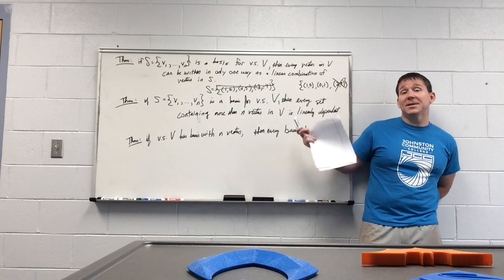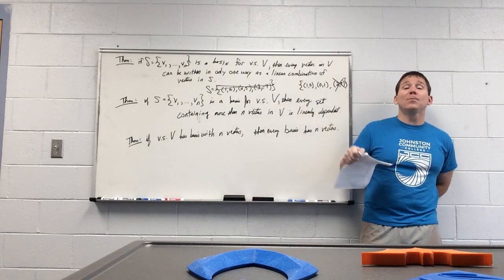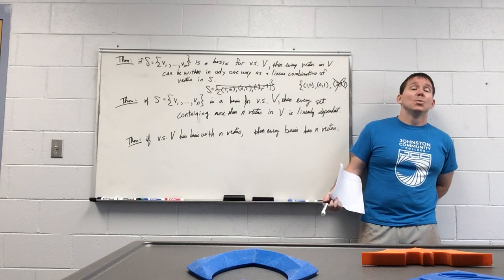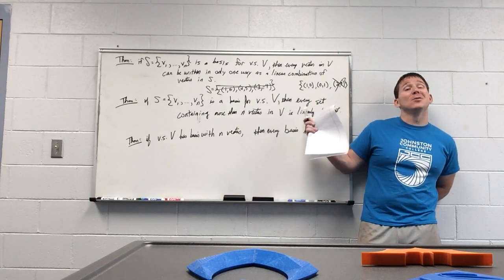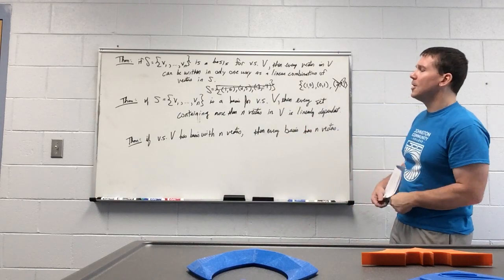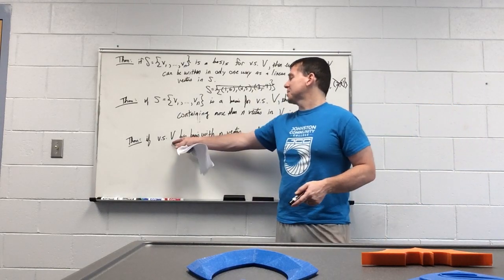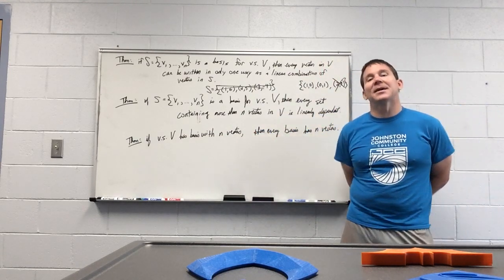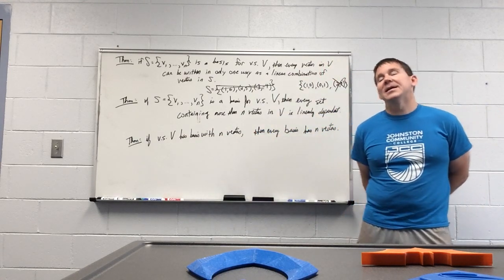You can use the definition, or if we keep in mind the standard bases that we know, we can look at the number of elements in those bases. Okay, if a vector space V has a basis with n vectors, then every basis has n vectors, which is obvious.